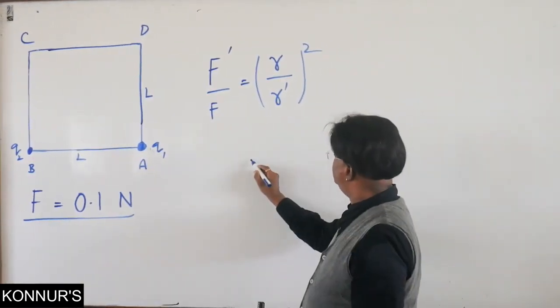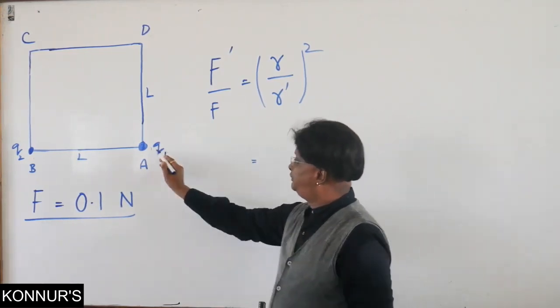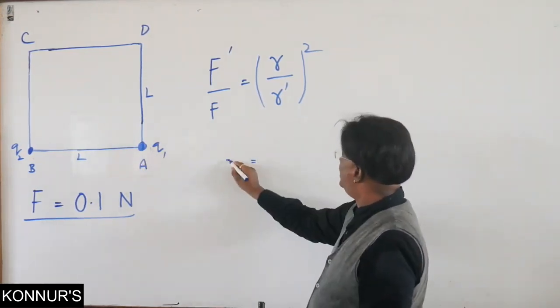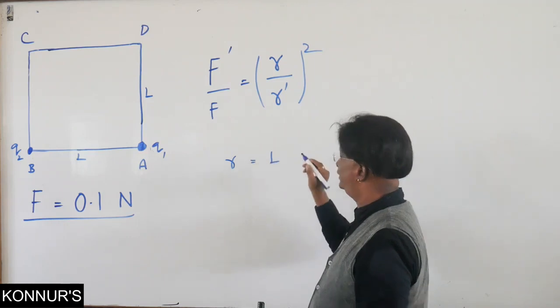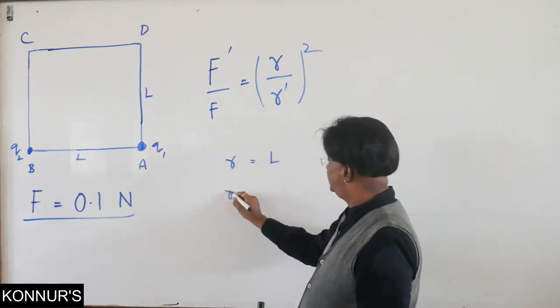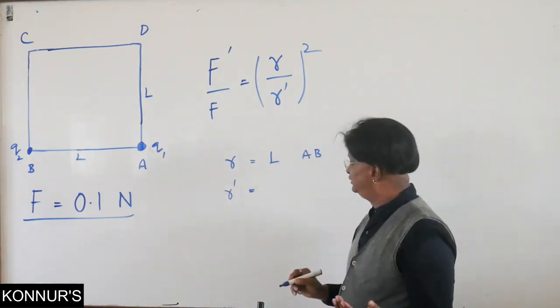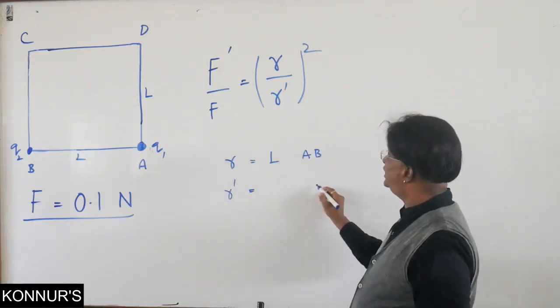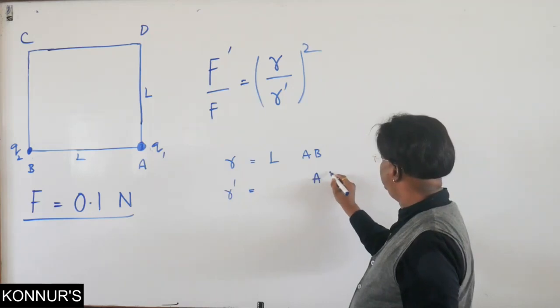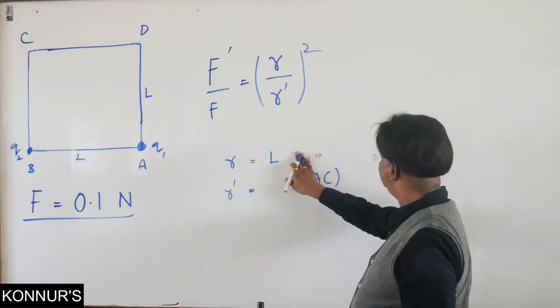Initially it is A and B, therefore initially R is equal to L, where L means AB, the side. Now what is R dash? R dash is nothing but AC, which is the diagonal.